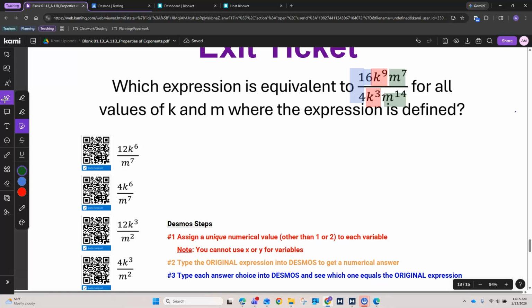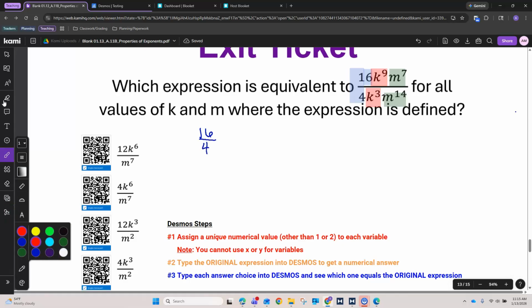Normally I would not be using red and green this close together, but it is what it is. So we have 16 over 4, k to the 9th over k to the 3rd, and then m to the 7th over m to the 14th. Right, and we subtract when we're dividing.